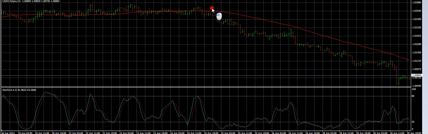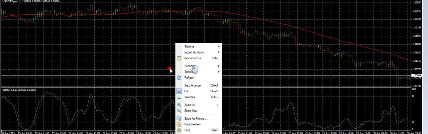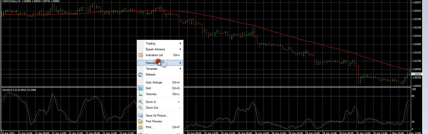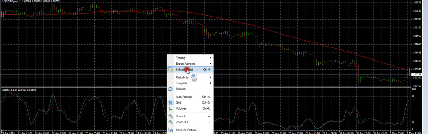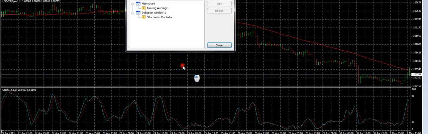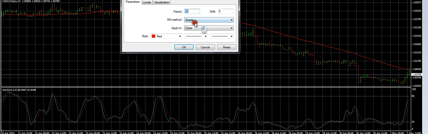Now, this is how you see. What people are looking for is they're looking for the moving average to move down, but they're looking for price to go in the opposite direction for an entry. And the problem with doing moving averages is you got to get the periods right.